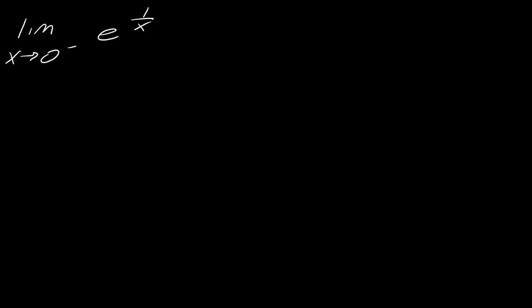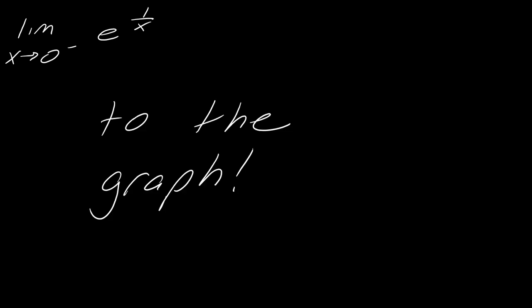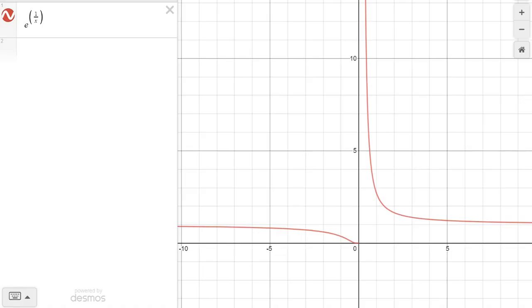Now let's take a look at the limit as x approaches 0 on the left of e to the 1 over x. Once again, before I show you all the math that goes into it, let's get an intuitive sense by taking a look at the graph. Here we are at Desmos.com again, and now I've graphed out e to the 1 over x, so it's kind of an unusual looking graph.